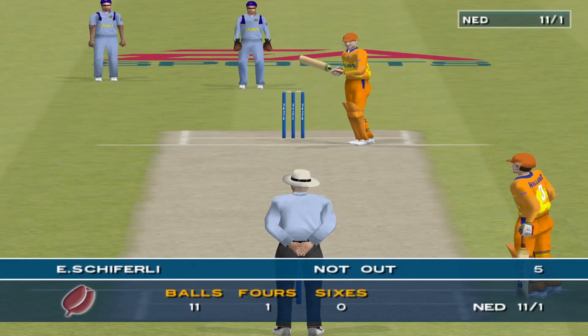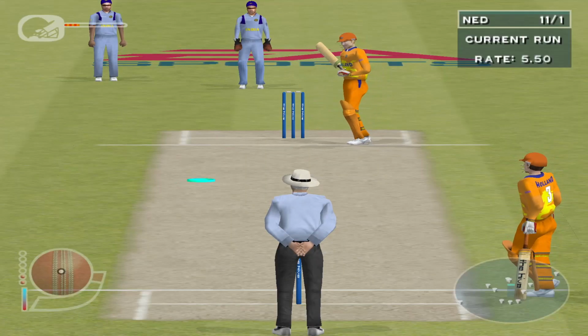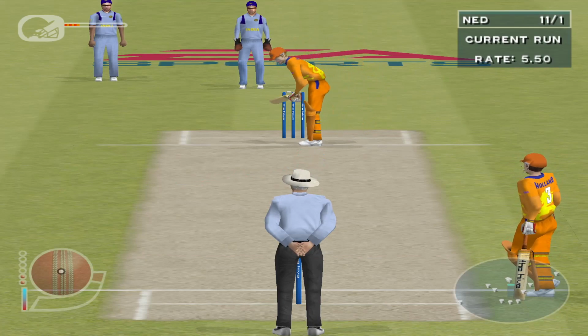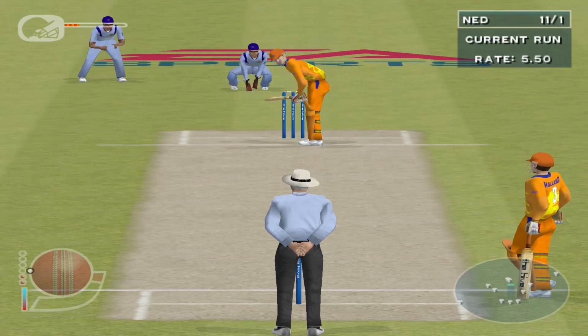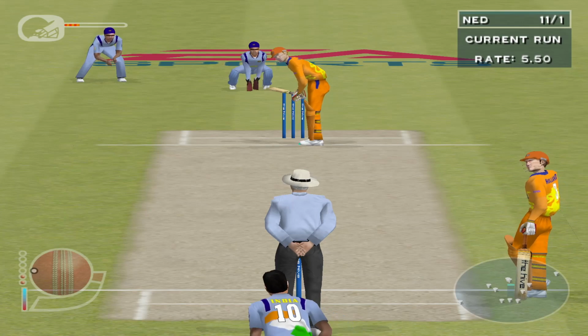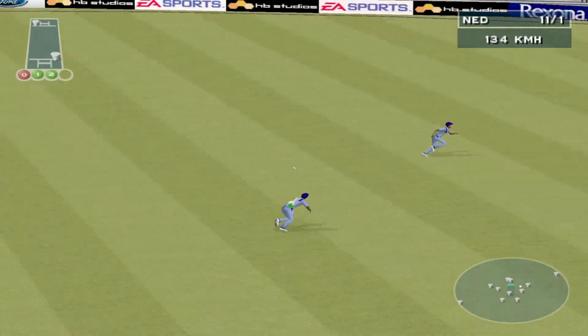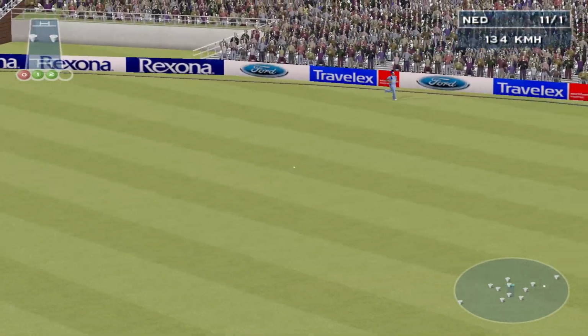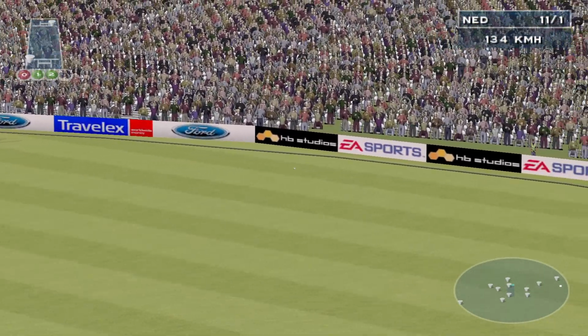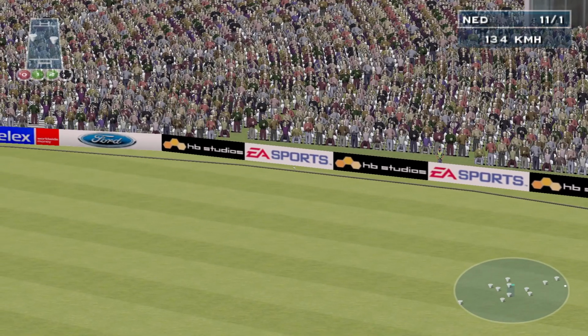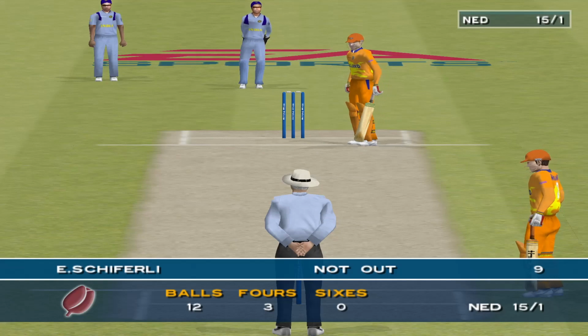Khan to Schifferli. Kumble is not going to reach that. Schifferli very quickly onto that one. That's the perfect leg glance. Just use the pace of the ball to deflect it to the boundary.